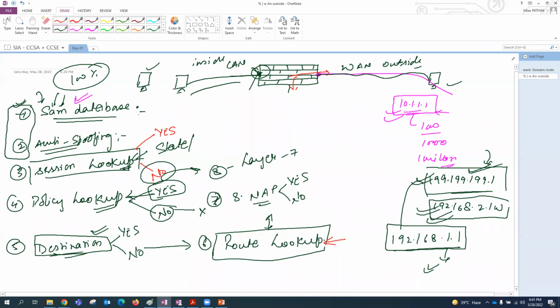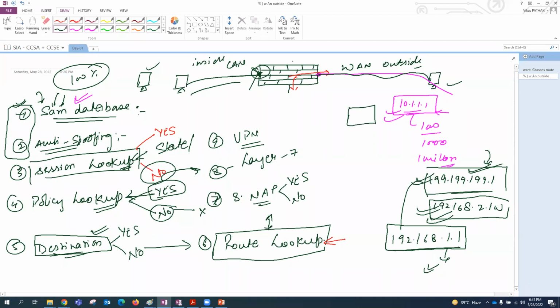After this layer 7 inspection, we'll be having the ninth step, which is VPN. Now this firewall, the checkpoint firewall, will check whether I have to forward this traffic on any VPN which is created with my firewall. Maybe there is another firewall here.